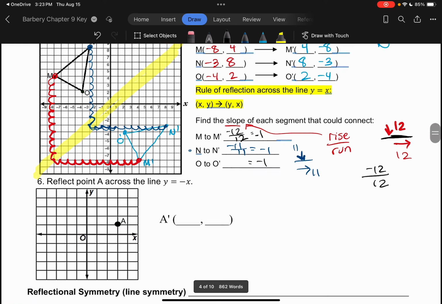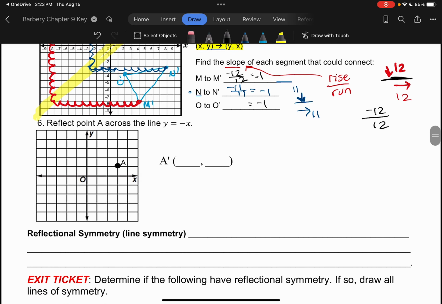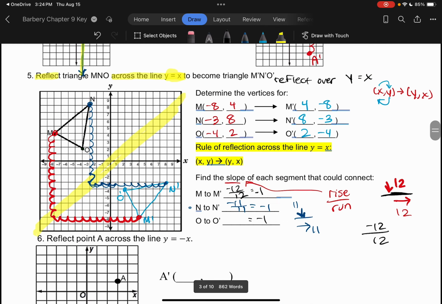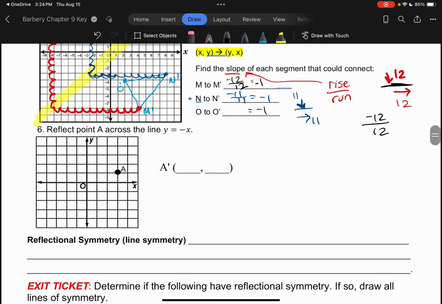Okay, just to finish up with the last part of the notes, it says reflect point A across the line y equals -x. So earlier in the notes, go back and check that table. You got this section right here for over y equals -x, and this is the rule. We have (x, y), and what happens is the x and y swap places, and they change signs.